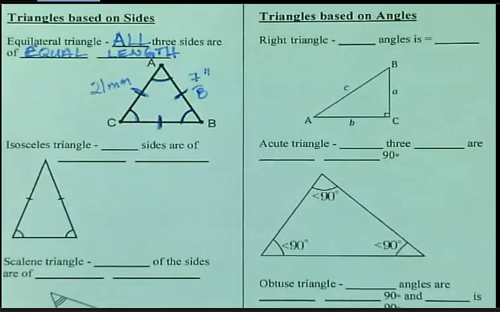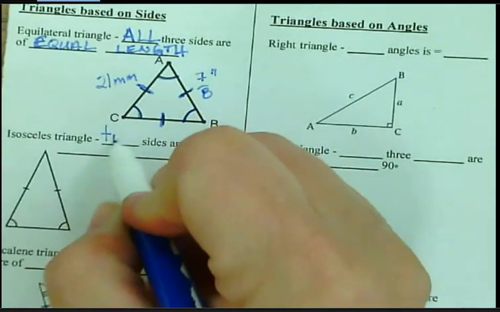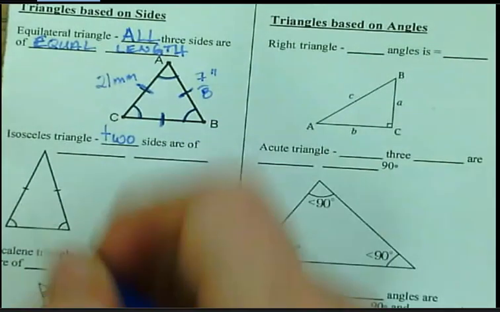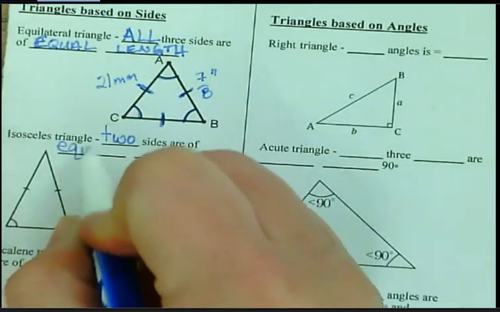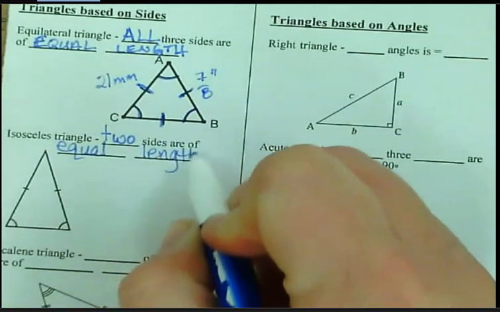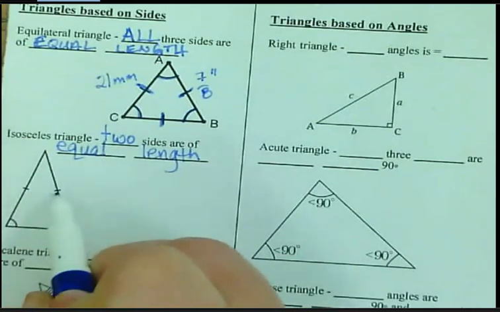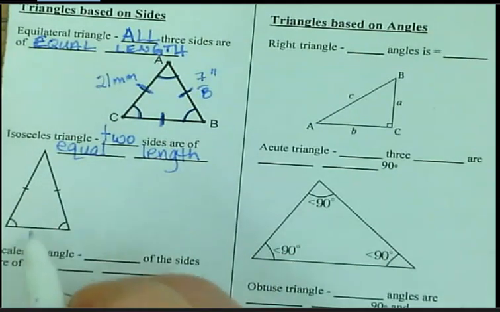So the next one on this sheet says isosceles triangle. Try saying that, isosceles. No, seriously, say it. Isosceles. Yeah, isosceles triangle. That means that two of the sides are of equal length. Right? And you can tell in this picture, it's like, look, 1, 2, there's no line here.